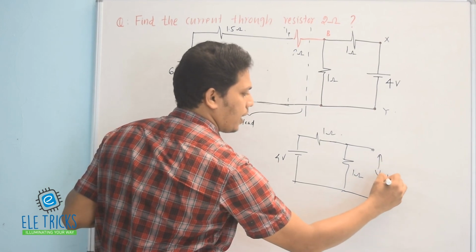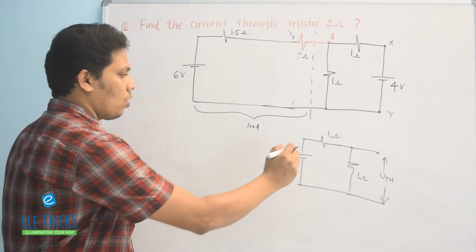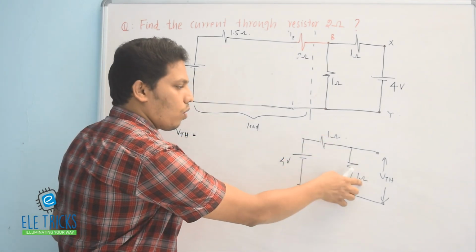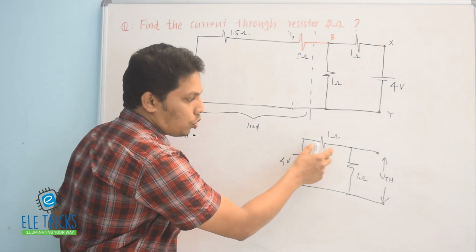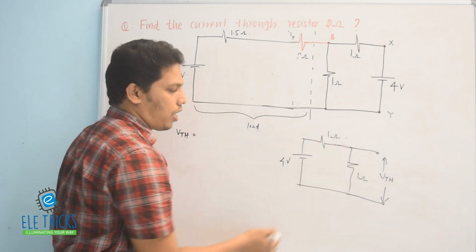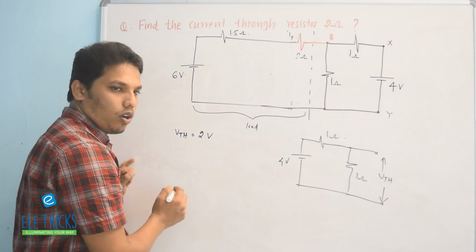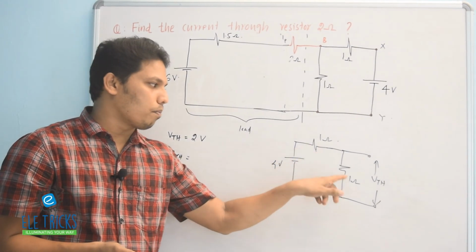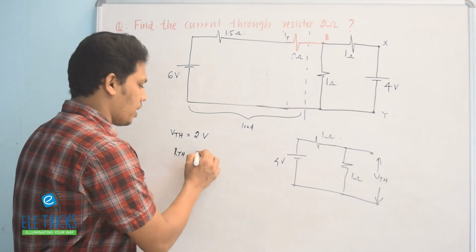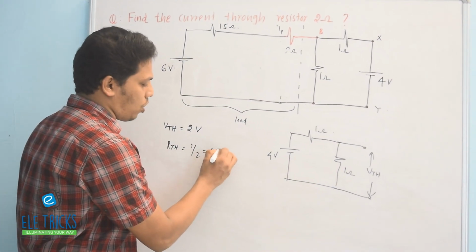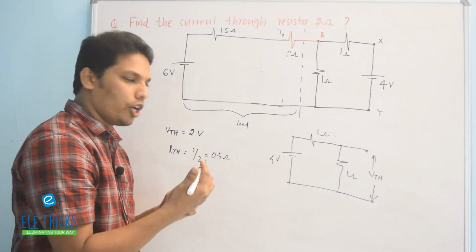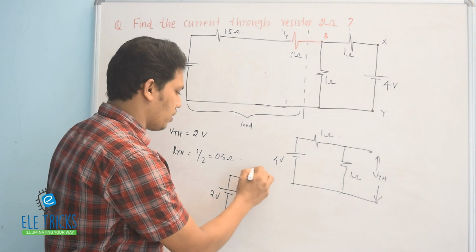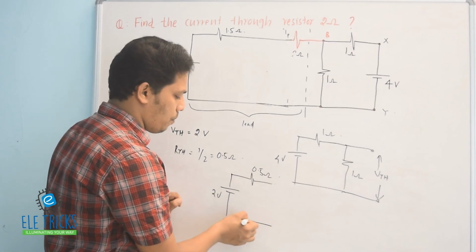You calculate the VTH. Both the resistances are equal, so the 4 volt is divided into 2 volt across this one and 2 volt across here. So VTH is equal to 2 volt. Find the RTH. RTH means this 1 ohm parallel with this 1 ohm, so the effective is 1 by 2, that is 0.5 ohm. So my new Thevenin equivalent is 2 volt in series with 0.5 ohm.